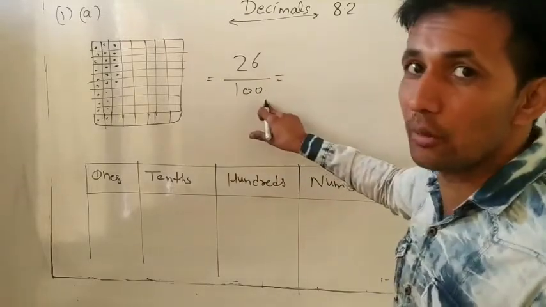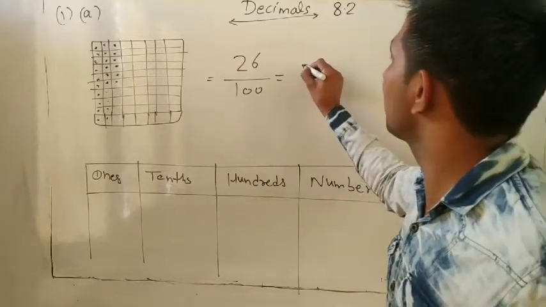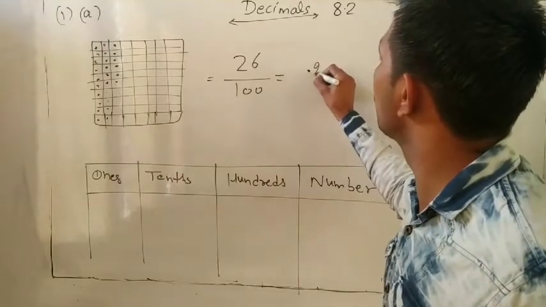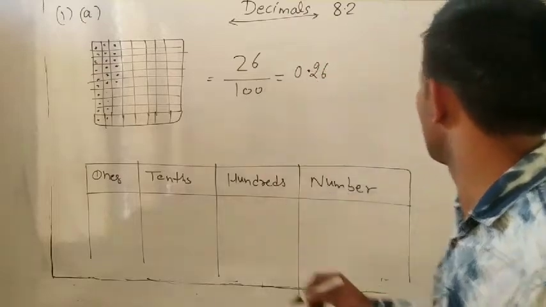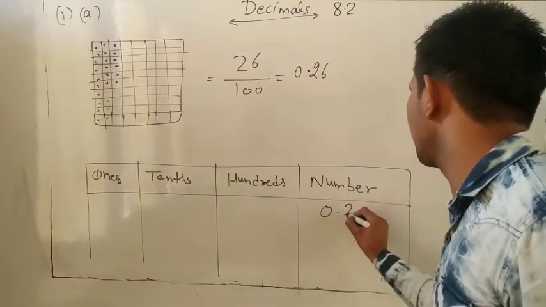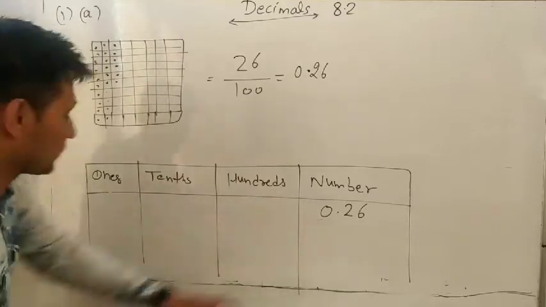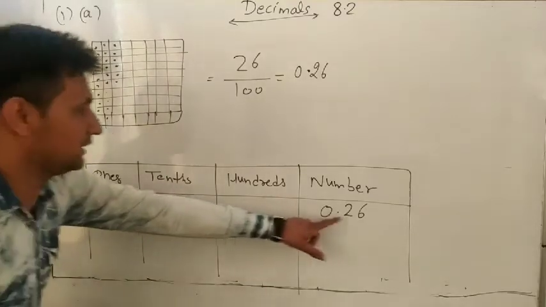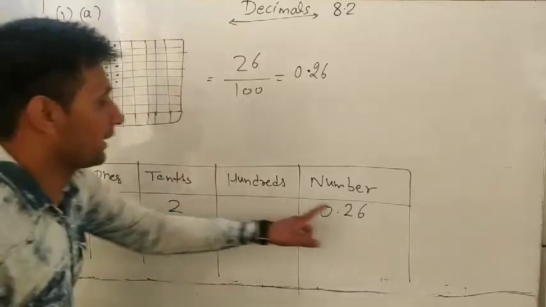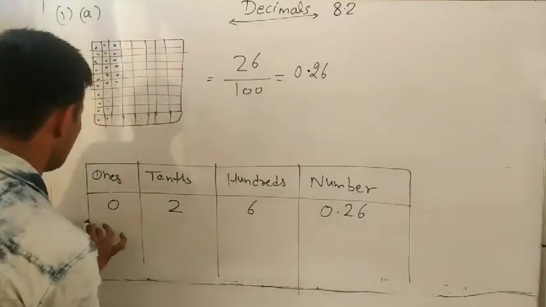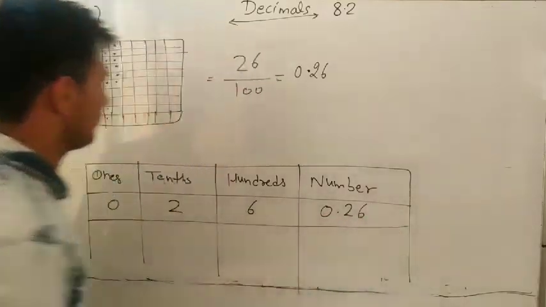How many zeros in the denominator? 2. So it means after the decimal there are 2 digits, 2 and 6. So what is the number? 0.26. And now you have to write the ones place. Ones is 0, tenth is 2, and hundredth is 6. It is very simple. Only this you have to write.